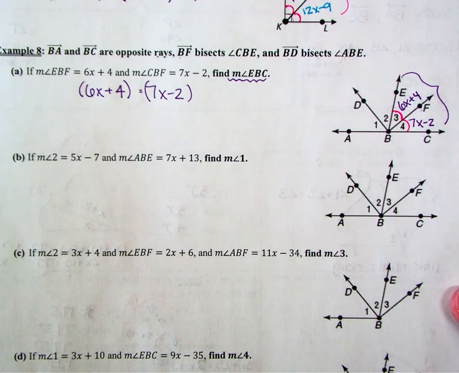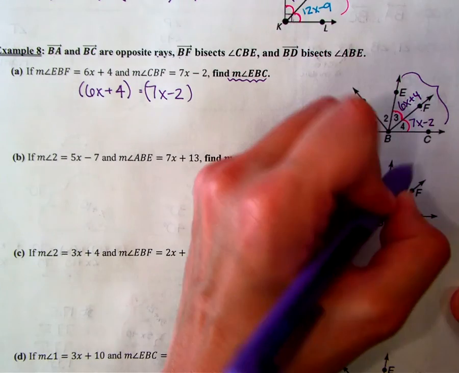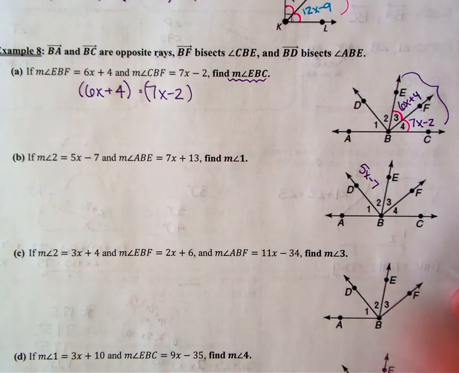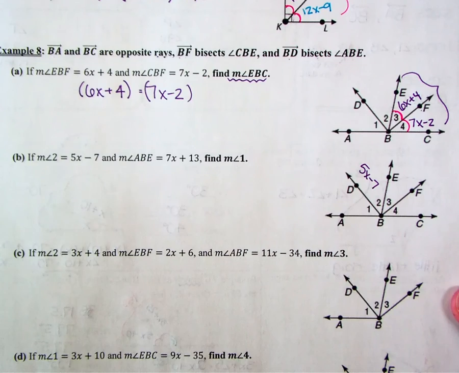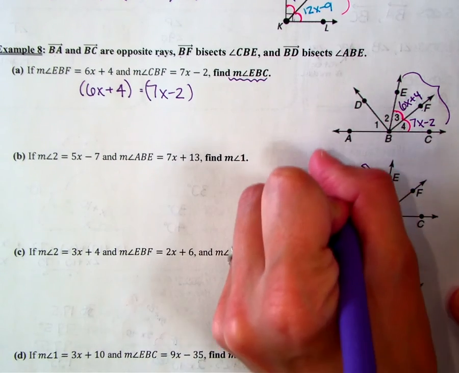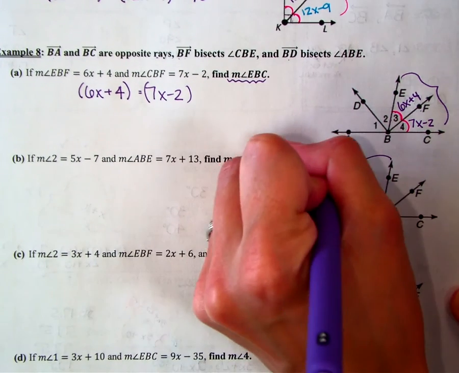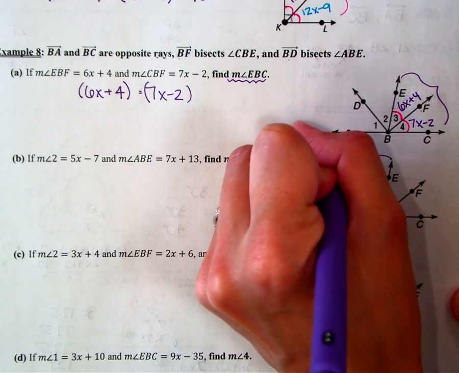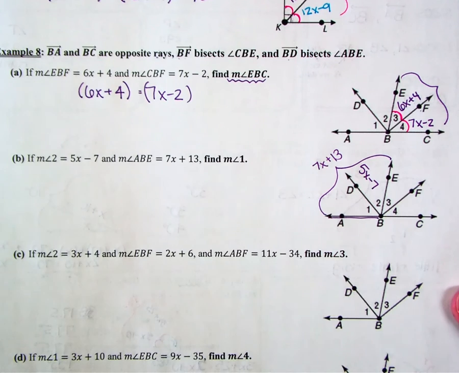In B, it says the measure of angle 2 is 5x minus 7, and the measure of angle ABE, so this whole thing, is 7x plus 13. Find the measure of angle 1. Again, we're going to solve for x and then plug it back in to find angle 1.